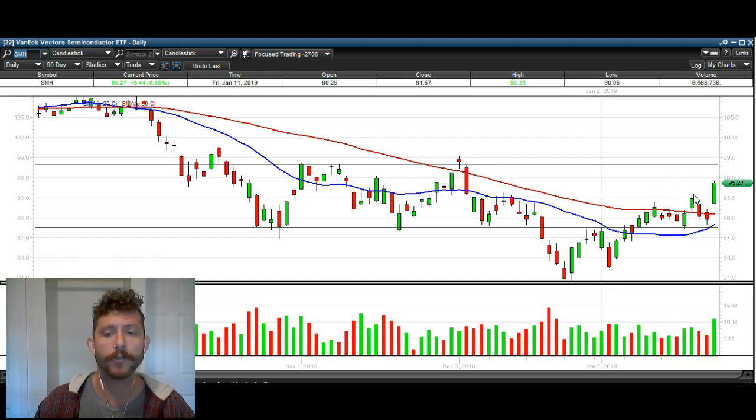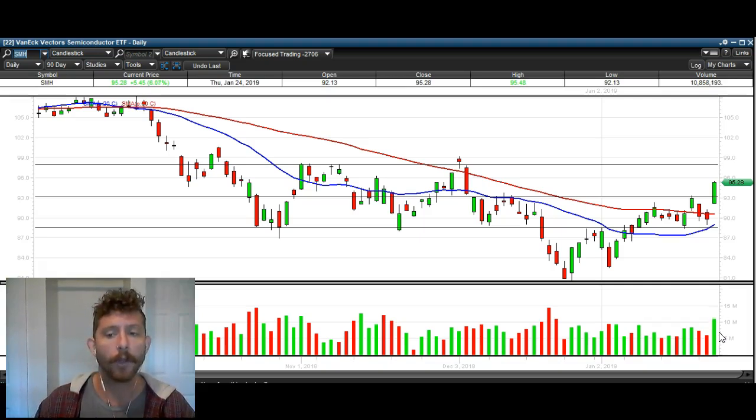It already hit our first target, which you don't really care about. But here is, if you're not already in semiconductors, we've got this resistance we just broke over today, and we did so on some heavy volume, and the day isn't even done yet, okay? There's still about 45 minutes left in the trading day at the time of me making this video.